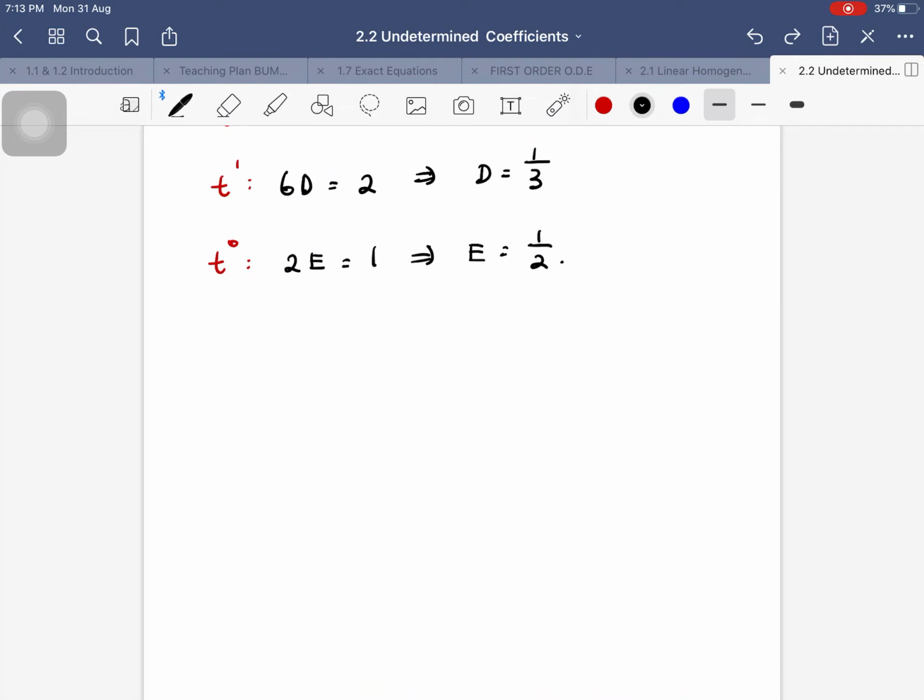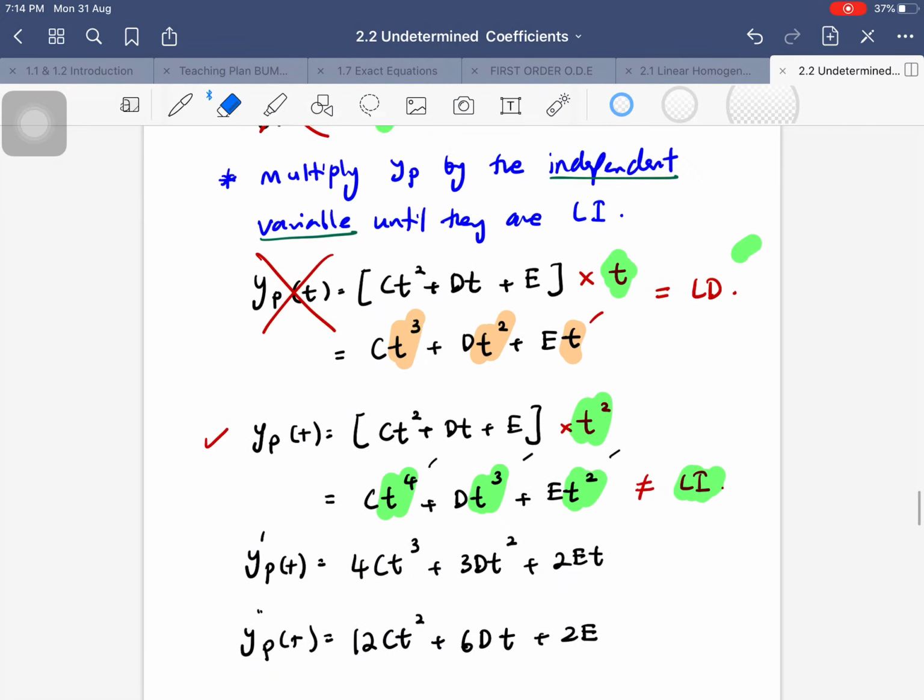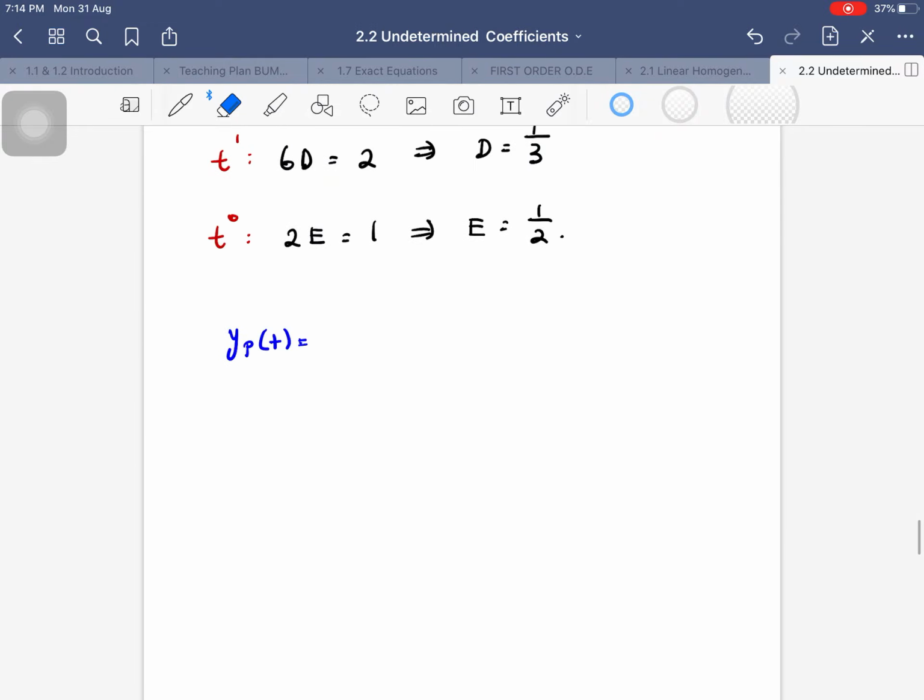Okay, so let me put over here. Your yp(t) is given by ct to the power of 4 plus dt to the power of 3 plus et squared. No, it's not this one. It's this one, isn't it? Yeah, that's right.